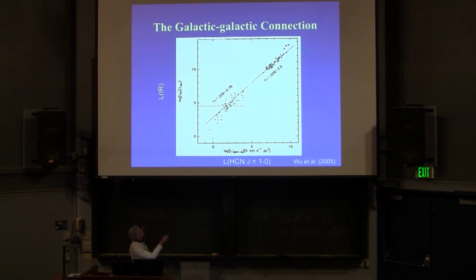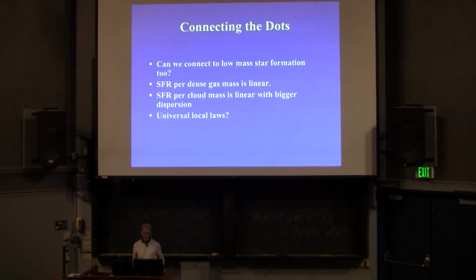You see that if you fit above a luminosity of 10 to the 4.5, where we think we're measuring something like star formation rate, with plenty of caveats, you get a very similar unity slope, almost the same coefficient. So it suggests that we could connect all of these regions together in some way if we think about the star formation rate per mass of dense gas.